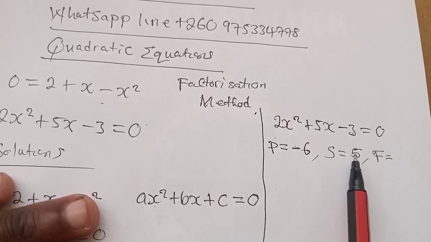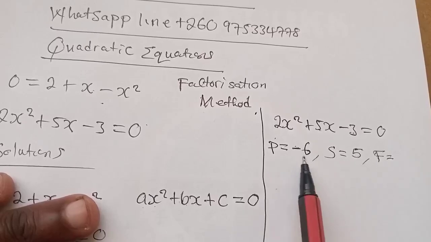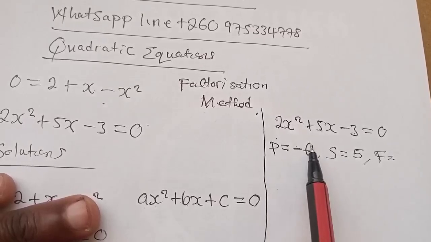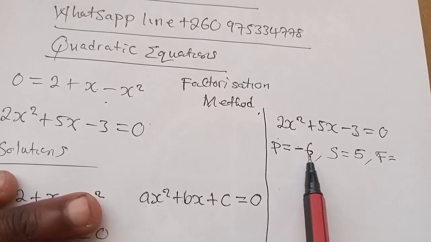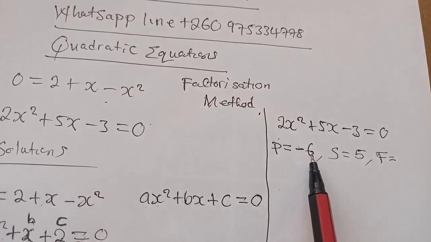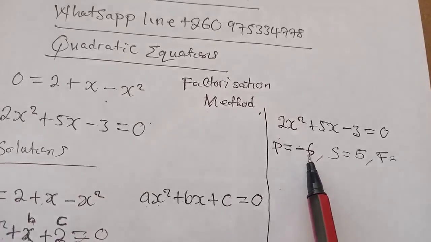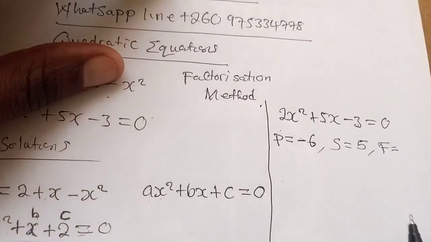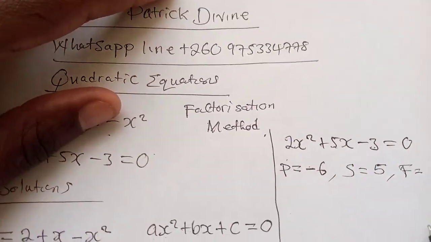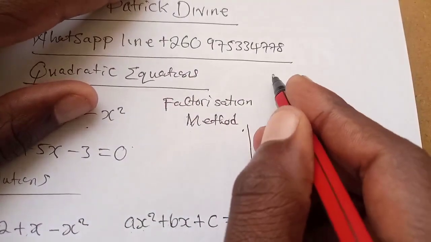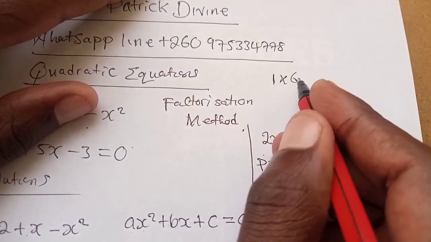So what are those numbers that when you multiply them, they give you 6? This is how you find them. You go to the product and look for two numbers that when you multiply them, they give you this one. We have 1 times 6.